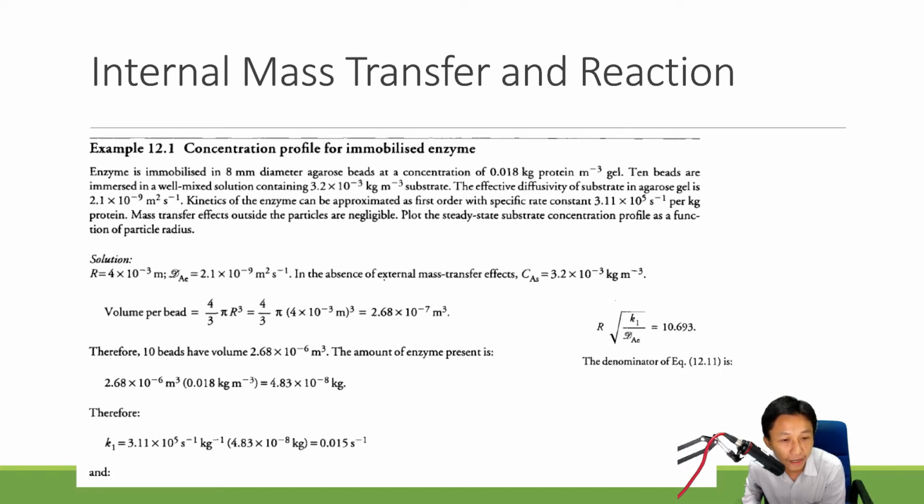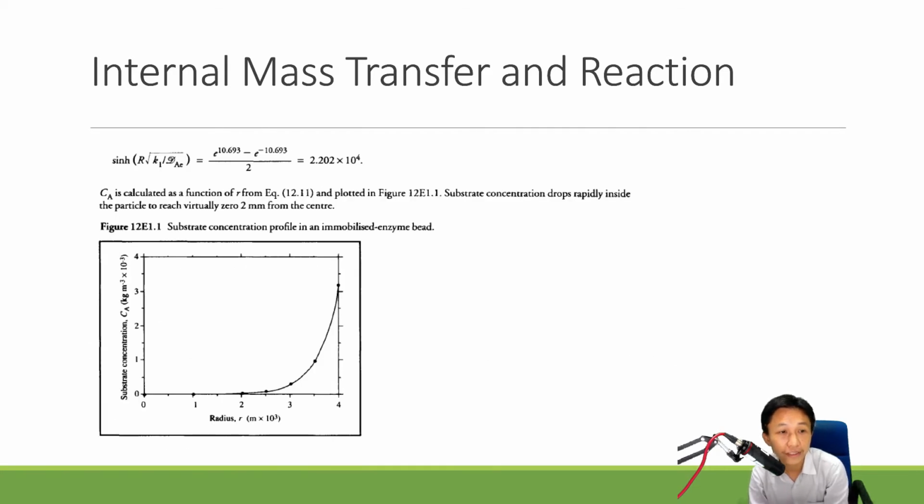Then we have K1, which is what we try to find from this equation. The diffusivity is this one. K1 is the rate constant for the reaction.